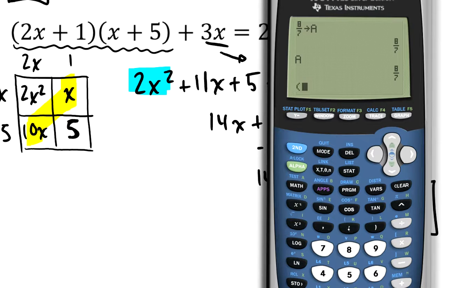So I can do alpha A to bring back up the 8/7 because it's appearing so many times. So let's do open parentheses 2 times, and I'll just do A, right? And then plus 1, close the parentheses. So that's 2 times A, which I stored 8/7 in.